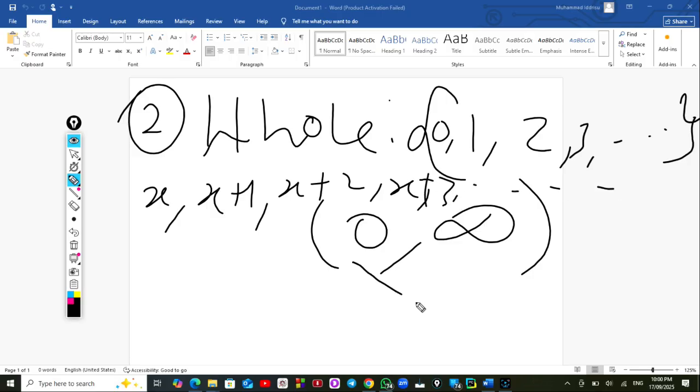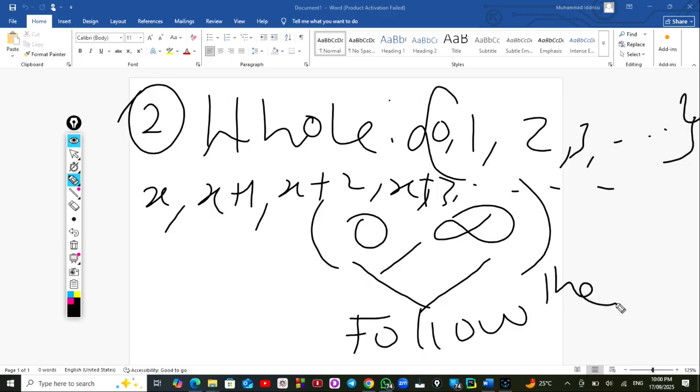But this one doesn't follow the consecutive rule of whole numbers, which is x plus 1, not x plus 0. So if this is my set A, this set is not qualified to be a set of whole numbers.